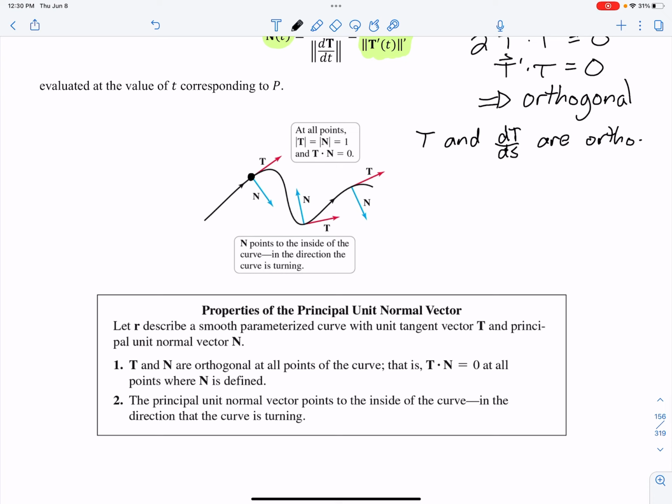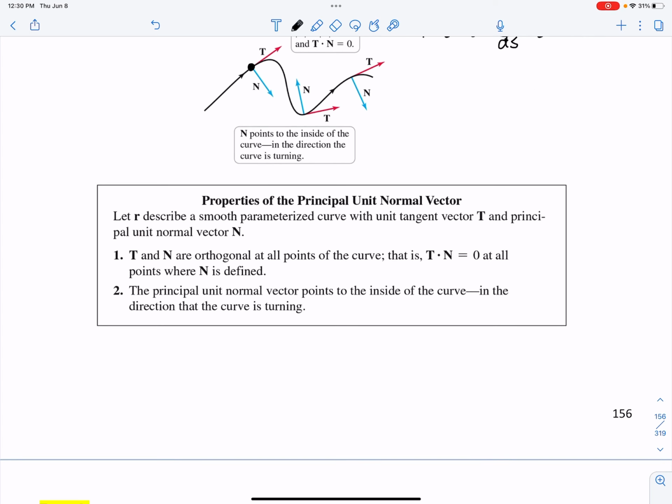T is where the airplane points, and N is the wing that points in the direction of turning, like the wing is pointing down. We get that since the dot product is 0 at all points. And the big thing is that the unit normal vector points to the inside of the curve, in the direction that the curve is turning. That helps us out quite a bit.